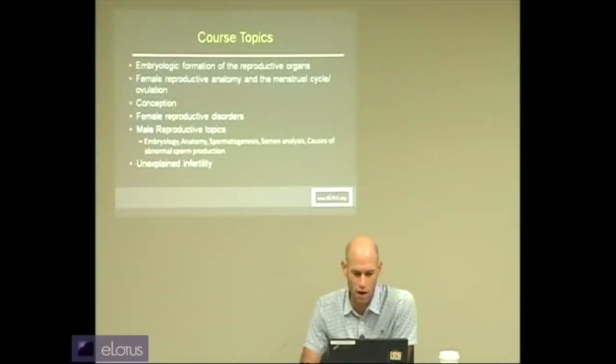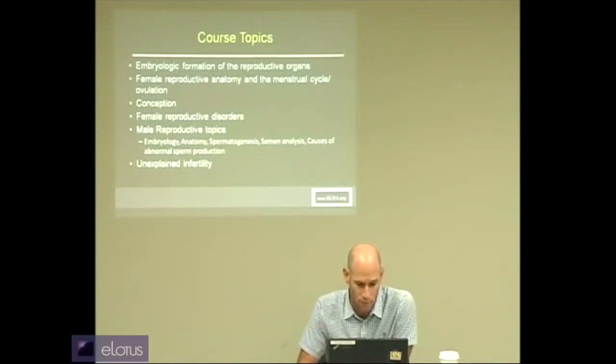So today we're going to talk about a bunch of things. We're going to talk about embryology for a little while in terms of the formation of the reproductive organs. We're going to talk about female reproductive anatomy and how it relates to the menstrual cycle and ovulation. We'll talk a little bit about how conception occurs. We'll then talk about female reproductive disorders, and we're going to spend a lot of time on things like PCOS.